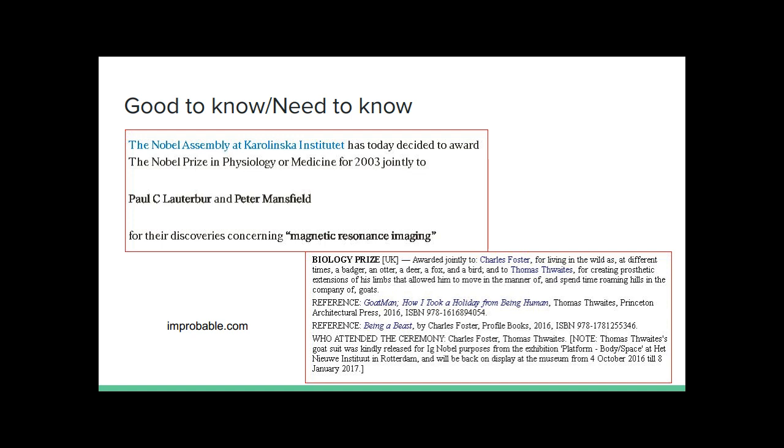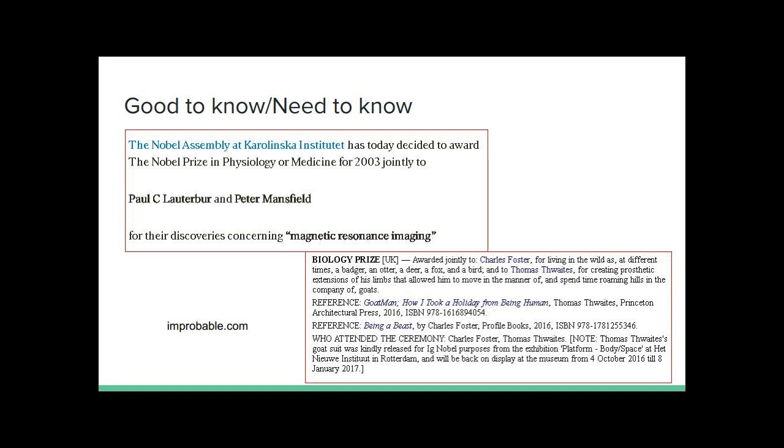And the second example here is a biology prize. It's a person doing research on how to take a holiday from being human. Well, definitely that is something I want to know, but do I have to know? If I don't know about that, would I have a lot of disadvantage?